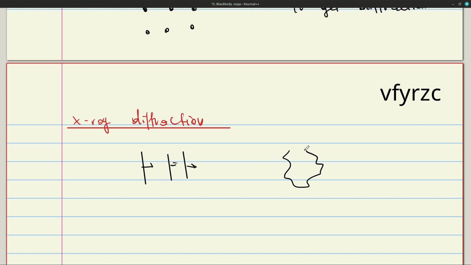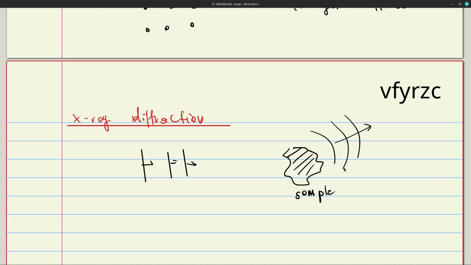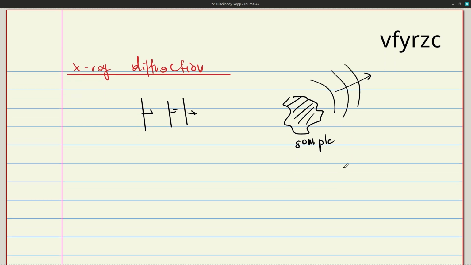Let's say this is the sample, and some of the electromagnetic wave is scattered, and we want to model this. And how do we model this? We model this as follows.